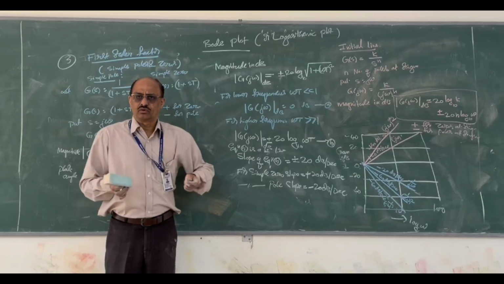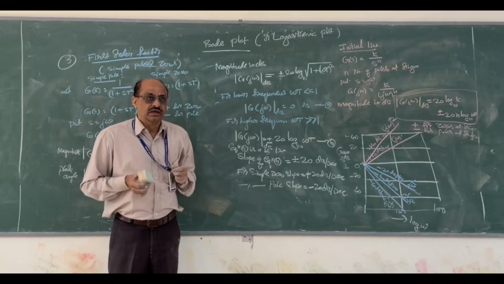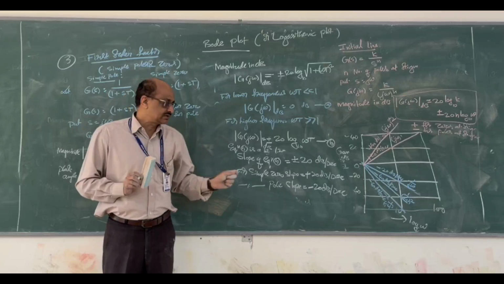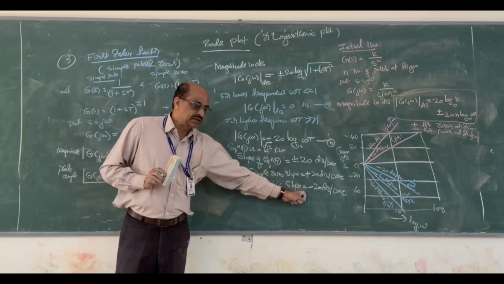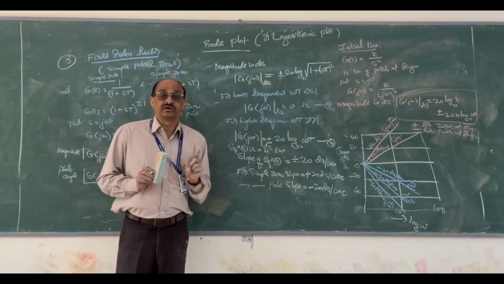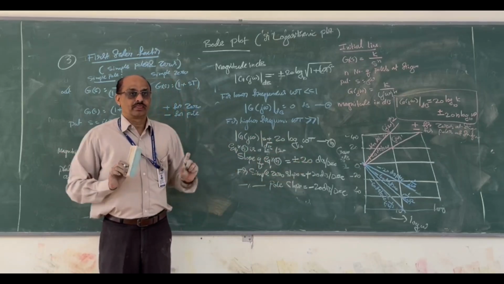Irrespective of the value of T, it has a fixed slope of minus 20 if it is a pole, plus 20 if it is a zero.